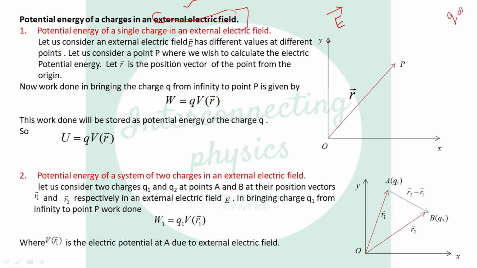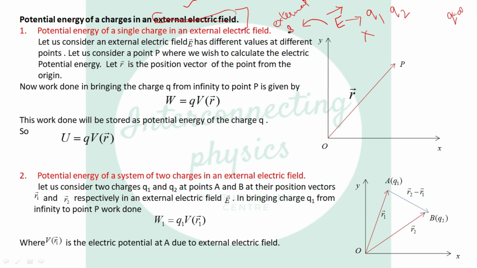We are just concerned that we are bringing some test charge from infinity to a point in some external electric field, and this electric field is not due to these charges Q1 and Q2. No, this is not due to Q1 and Q2. This electric field is produced by some external source.